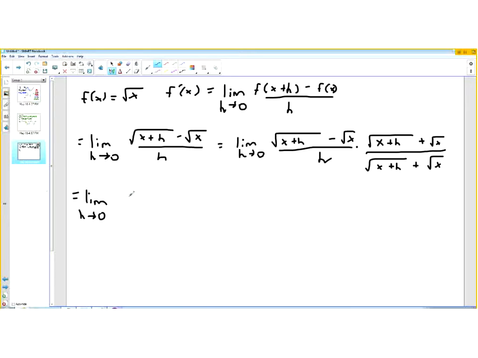So that would be x plus h minus x, divided by h times the square root of x plus h plus the square root of x.